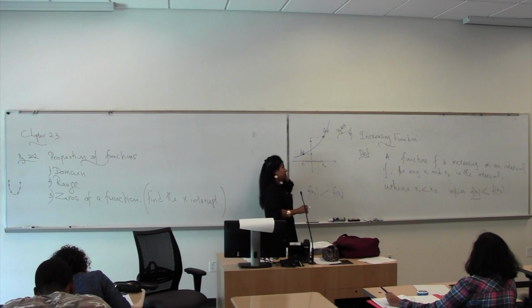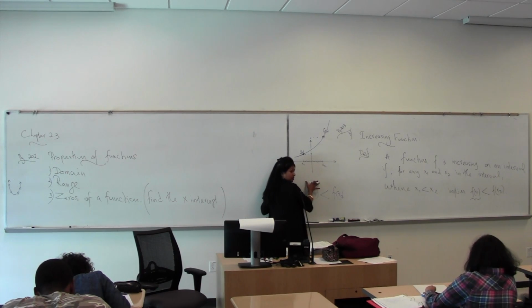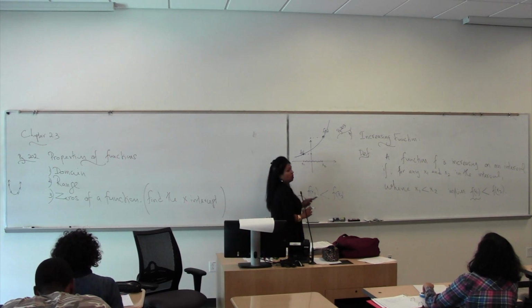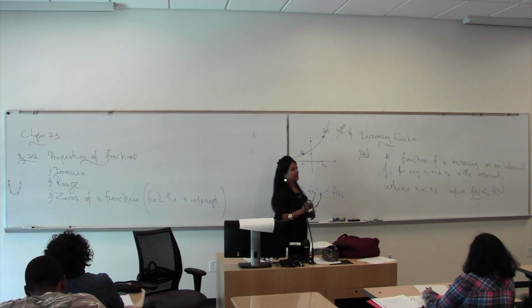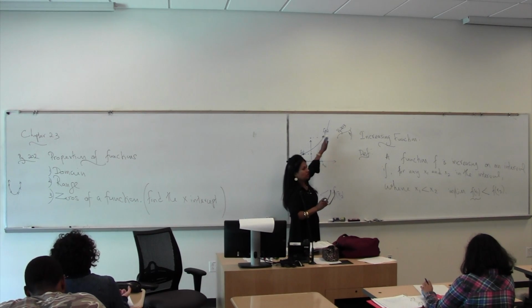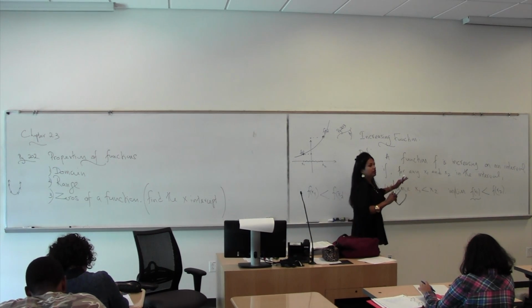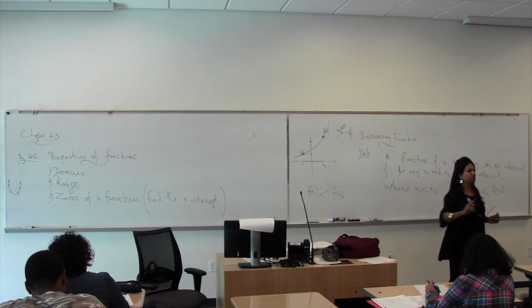Any two x values in this open interval, if this condition is satisfied, this is called what? From here to here, the function is increasing. You can see it's always increasing. The y value is always going up when the x value is going up. Right? It's like positive slope.